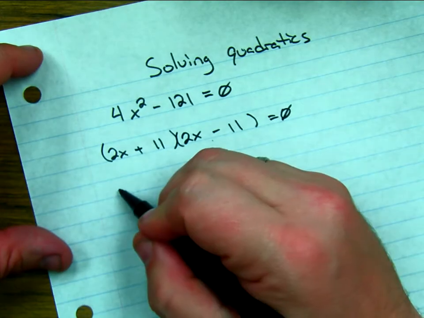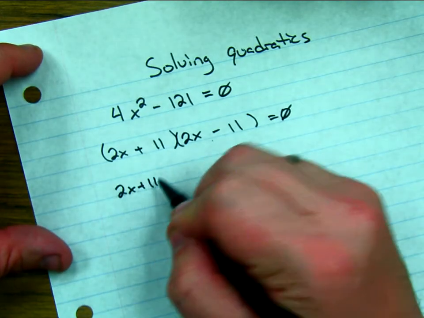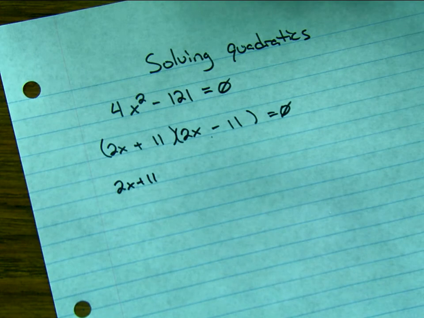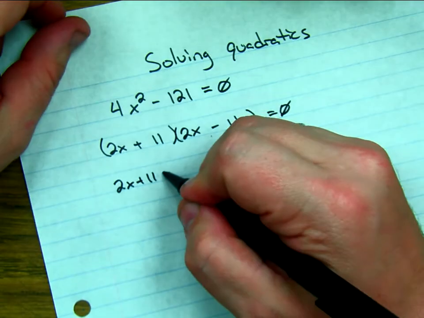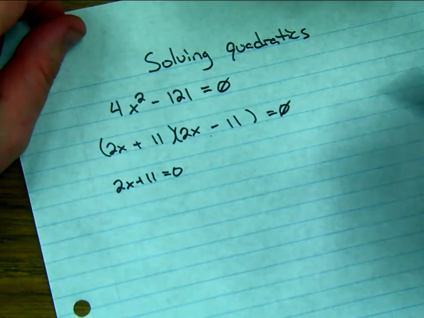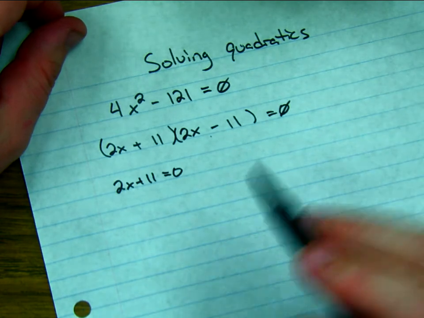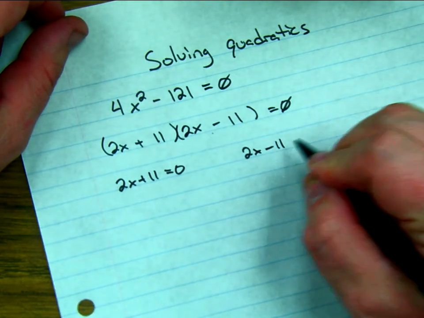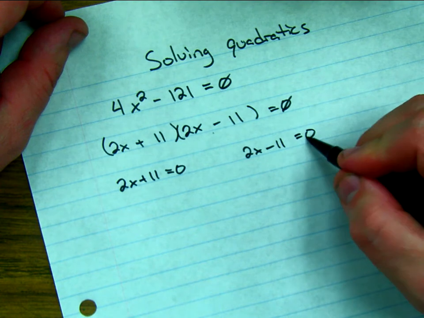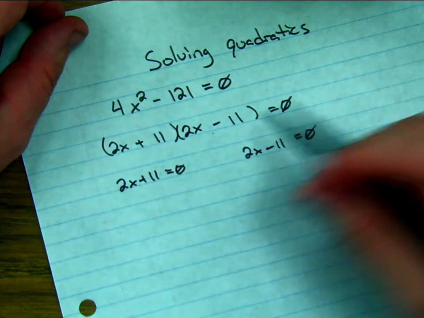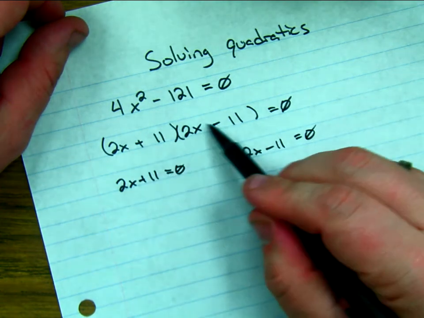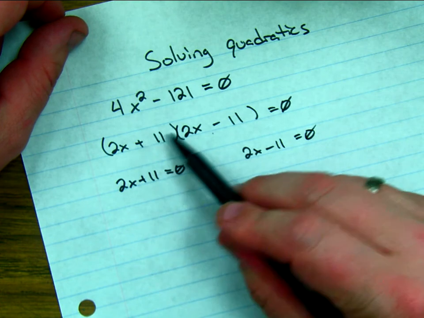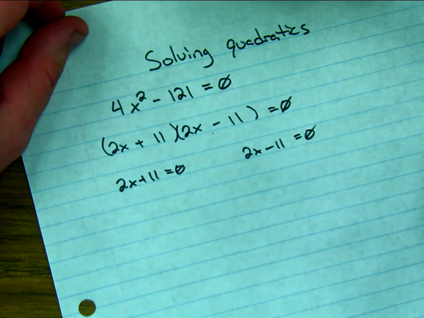In other words, if I could make the value 2x plus 11 equal to 0, the whole thing would be 0. Likewise, if I could make the second term, 2x minus 11, equal to 0, that also would give me 0 overall. Either one, since it's something times another thing, if either half is 0, then the whole thing's 0.